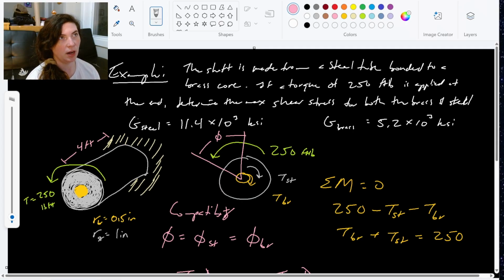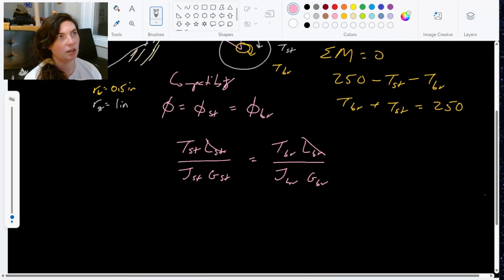And of course, the problem gave us the shear modulus of elasticity for steel and for brass, which are 2 different numbers, so we'll use the 2 different numbers. All right, let's plug all that stuff in.